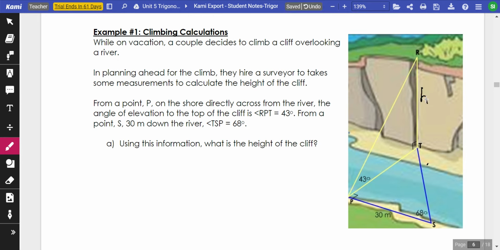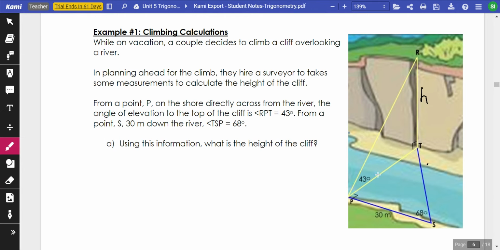Okay. Now in order to find H, in this triangle PRT, I only have two pieces of information. I need one more piece of information. I've got the 43, I've got the unknown, so I need the length of either the hypotenuse or this side here.